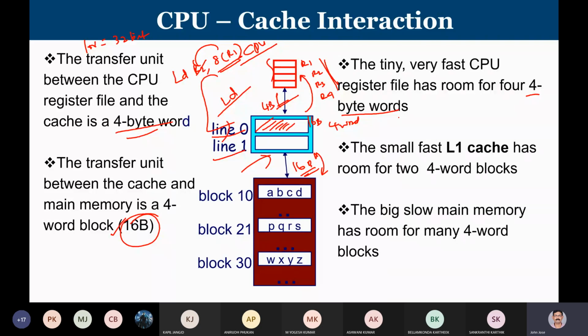The small fast L1 cache has room for 4-word blocks. The big slow main memory has room for many 4-word blocks. At any point in time, I'm transferring the contents of one block into the cache. You have to understand how this is being done. The 16 bytes are transferred from main memory to cache not in a single transfer. Sometimes it may take multiple clock cycles, because it depends on the limitation of the bandwidth size.